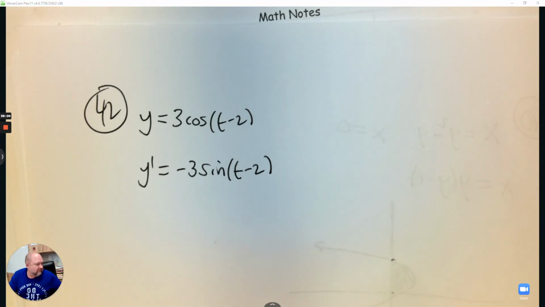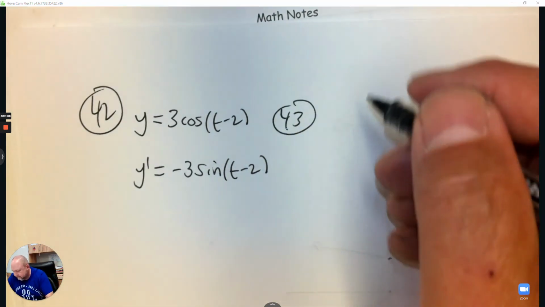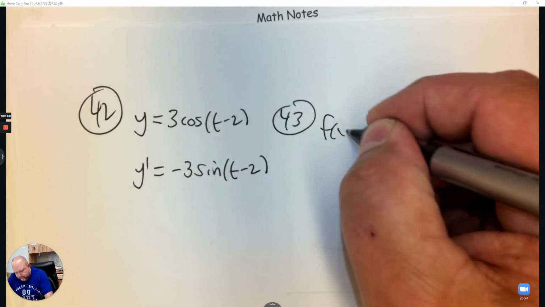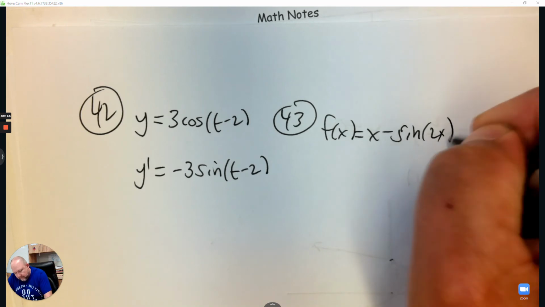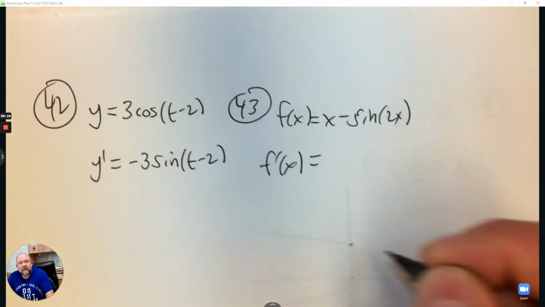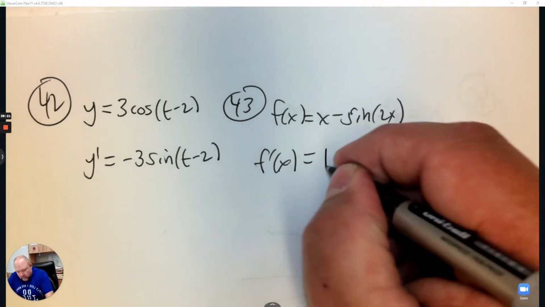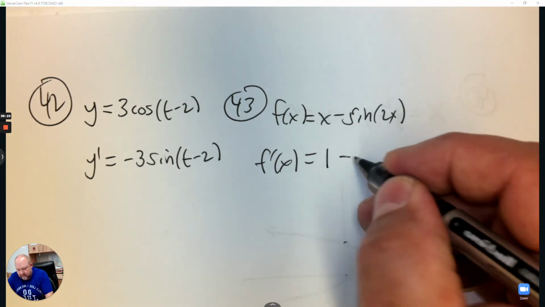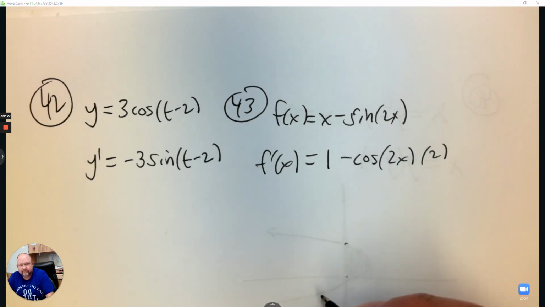I think that's it. 43. Just some good basic practice. You should press pause and try. The derivative of x is 1. The derivative of sine is cosine, and it has a hook of 2.